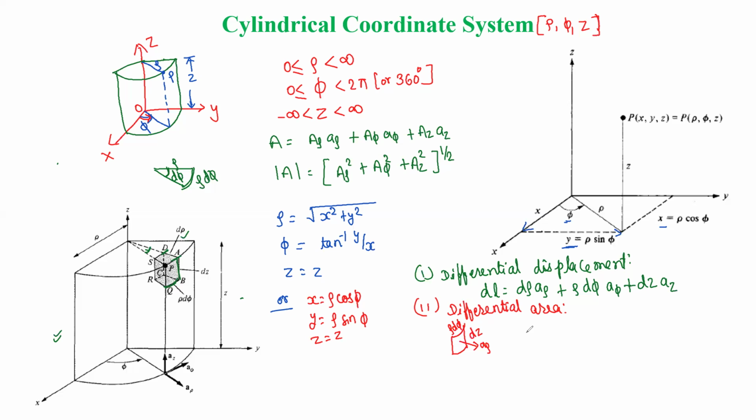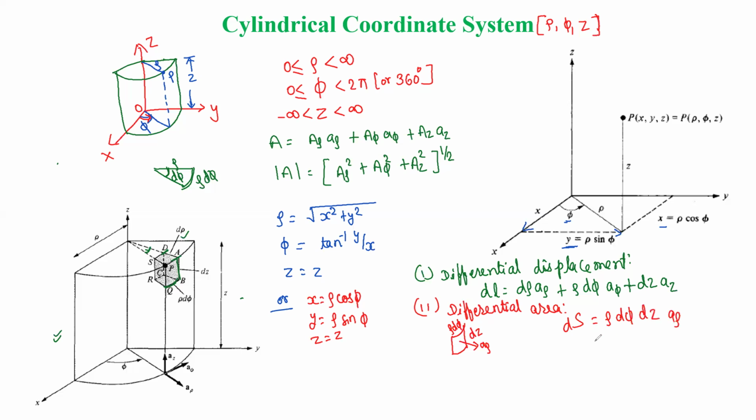So for this case we write the differential area, represented as dS, as rho d phi dz, with unit vector a rho.